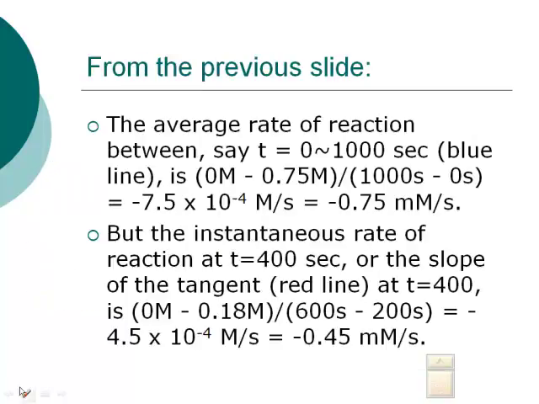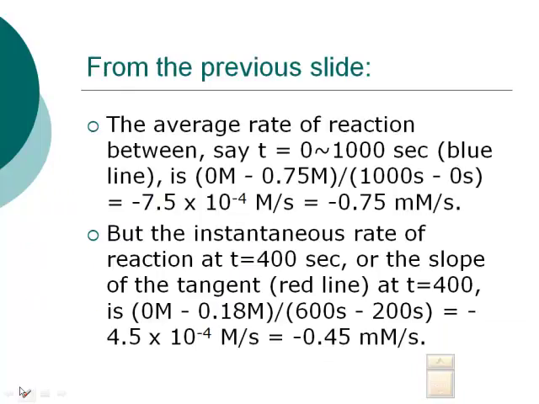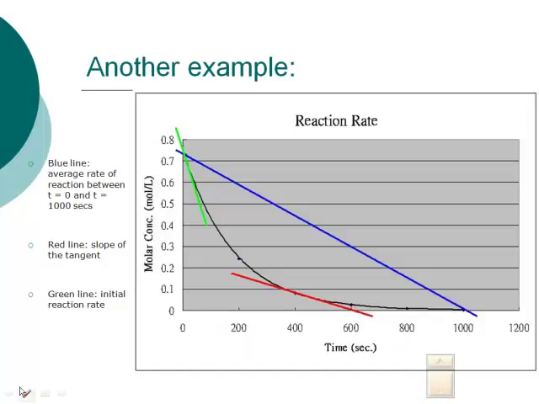Okay, from the previous slide, looking at that graph, it says the average rate of reaction between, say, time 0 to 1,000, the blue line, that really big blue line, is 0 molarity minus 0.75 molarity. So let's go back and look. You'll notice that the final molarity down here on the line, come across, is 0. This is the 0 molarity, the final molarity.